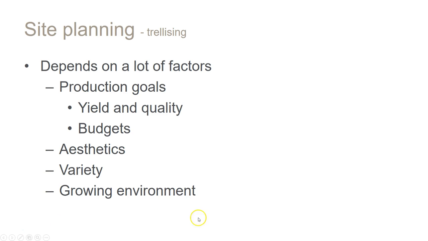We also need to consider things like budgets. Some trellising is going to be more labor intensive in season than other trellising, so that's going to increase our operational spend. Of course, some trellis is going to just require more stuff, so the initial capital required to put that trellis in is going to be higher.